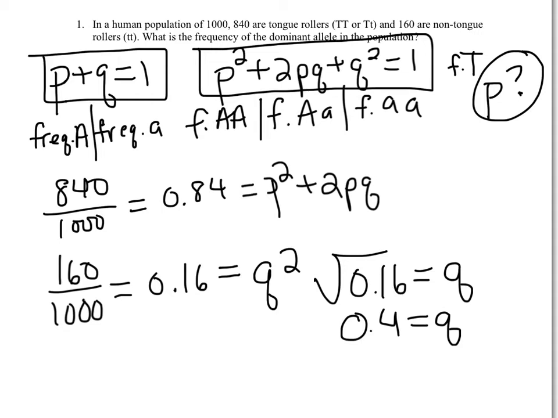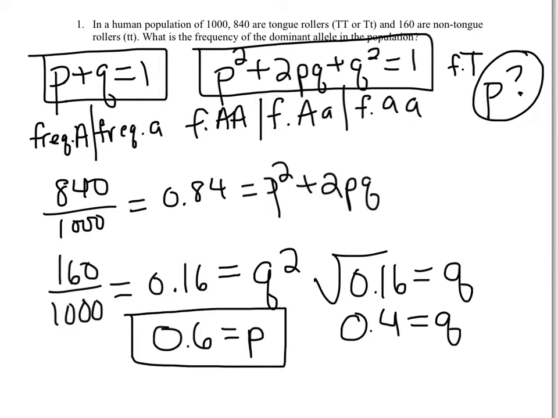And the way you could think of this as well is that 40% of the gene pool is Q, meaning little a, or little t. So what's the rest of the gene pool? That must mean 0.6 is the frequency of big T. And that's what they're asking us for. They're asking us for what is P, and so P equals 0.6.